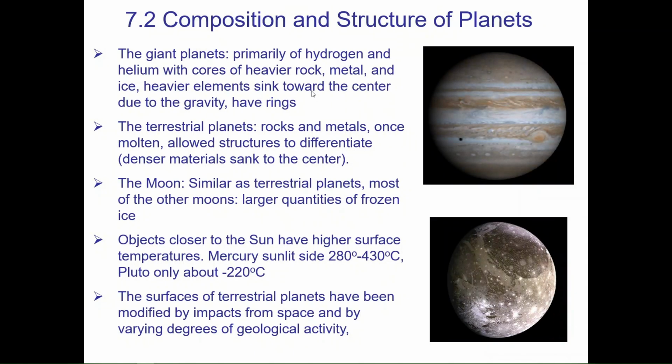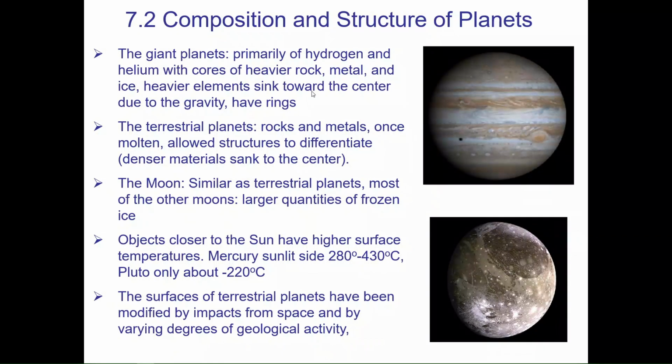So we don't really have direct first-hand evidence, but based on how the planets form and based on their density, we believe they have a solid rocky and metal core. And unlike the terrestrial planets, all the giant planets have rings. Even Jupiter has a very thin ring.